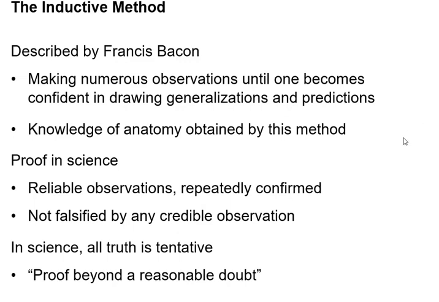So the inductive method is you keep making observations and you keep making observations until you feel like you can draw a generalization. You can say, okay, the sun always comes up in the east. I have observed it every day of my life. It has always come up in the east. It has never come up in the west. And therefore, I feel that I am safe in saying that that's what happens. And I predict that tomorrow the sun will come up in the east also.